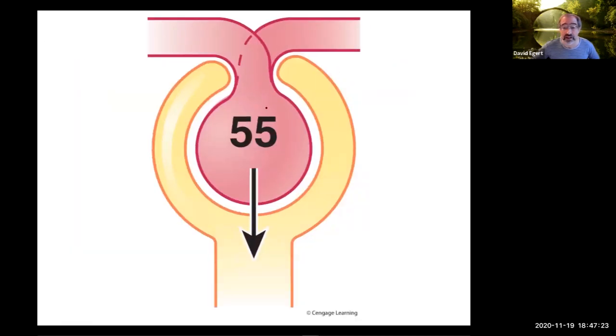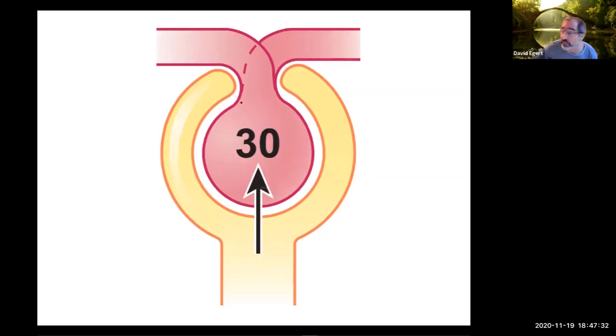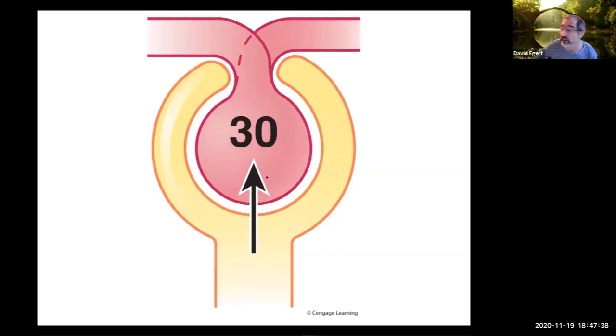Again, this is talking about net filtration pressure. 55 millimeters of mercury is the hydrostatic pressure of your blood coming in, but you've got about 30 millimeters of mercury osmotic pressure pushing back against there.